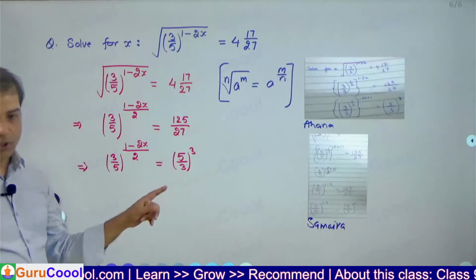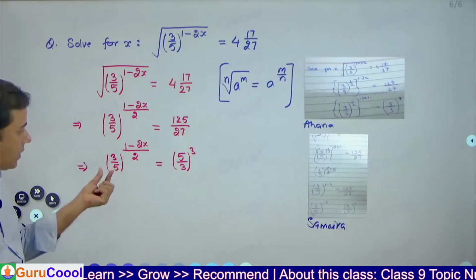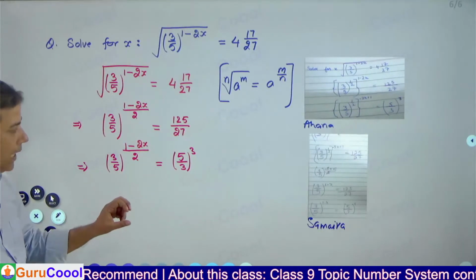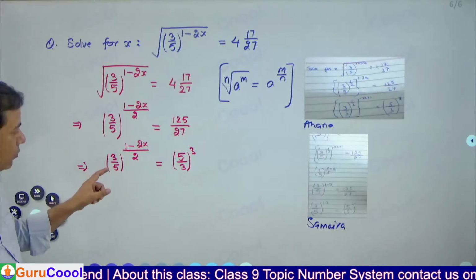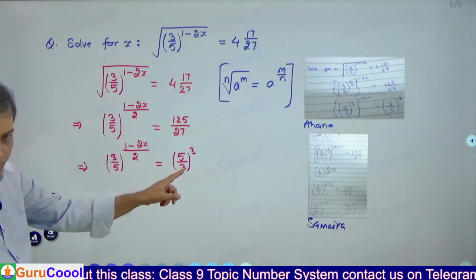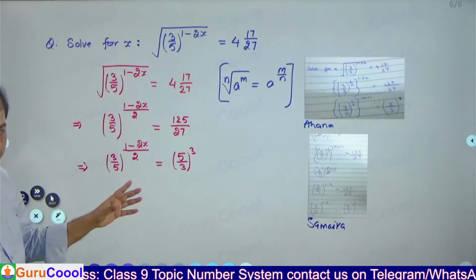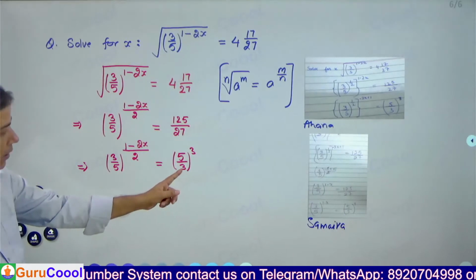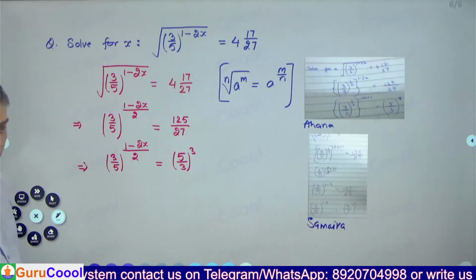Now what we notice, we have different bases, they are reciprocals of each other. So if we plan to reciprocate either this one or that one, any one of them, not both. If we reciprocate the right hand side base, then the bases will be equal, right?